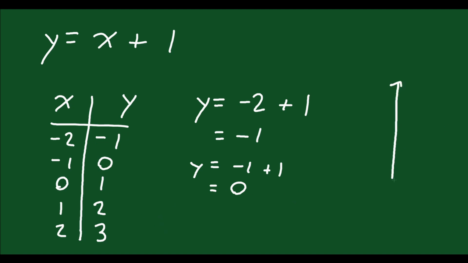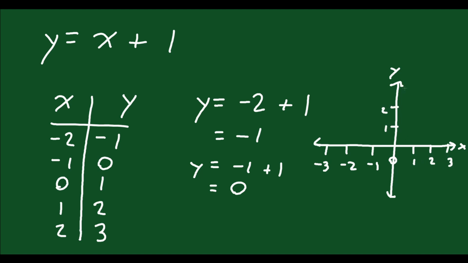And so now if you want to plot this on your Cartesian plane, you write your axes like that. You have -3, -2, -1, 0, 1, 2, 3, 1, 2, 3, -1, -2, -3, just roughly, like that.